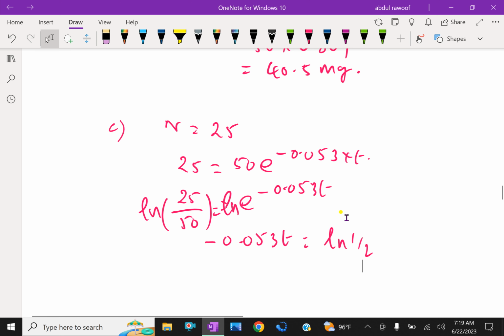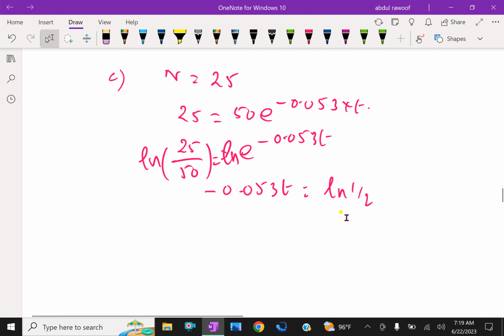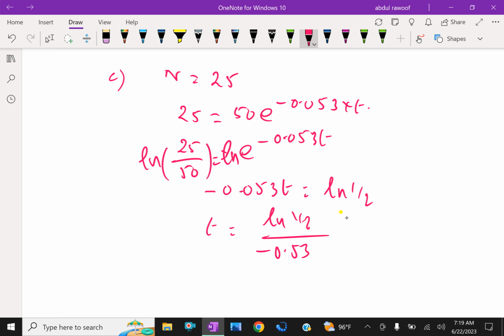From this, time t, we can calculate: ln of half is a negative value, therefore time is ln half over minus 0.053, which gives, by using a calculator, t equal to approximately 13 hours.